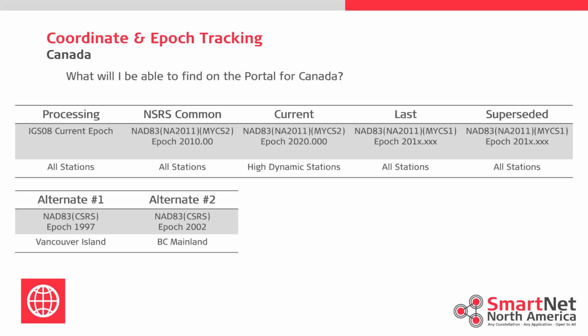We don't have any high dynamic stations in Canada. This would say version 6.0, and this would say version 6.0 as well. I'll clean that up on the back end for the next filming of this webinar. It also has alternate 1 1997 and alternate 2 2002 for Vancouver Island and the BC mainland.